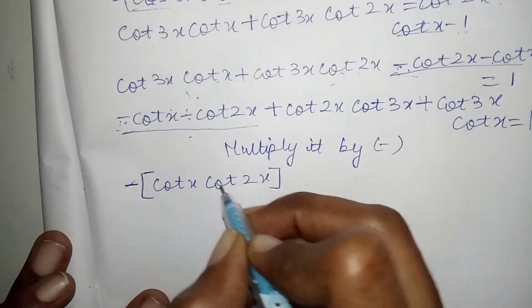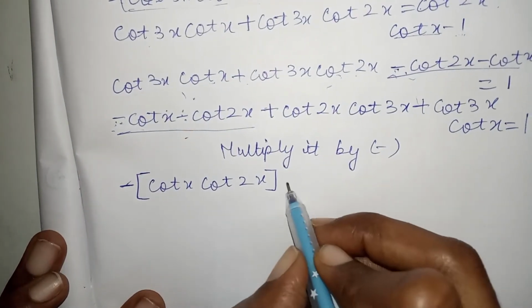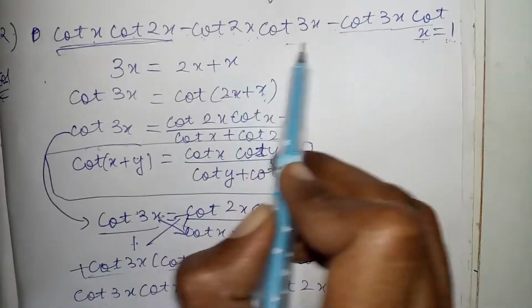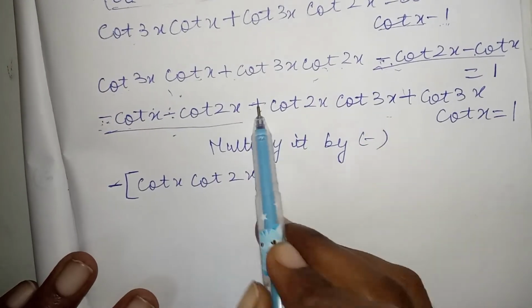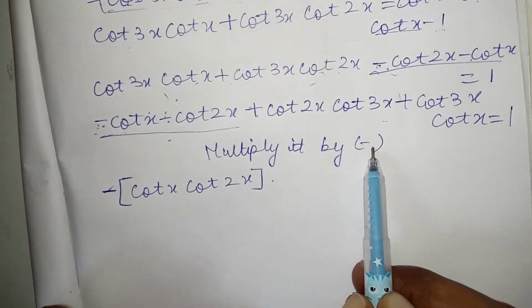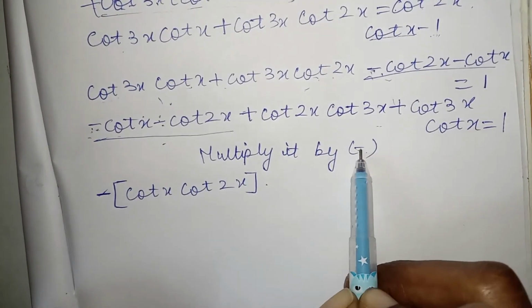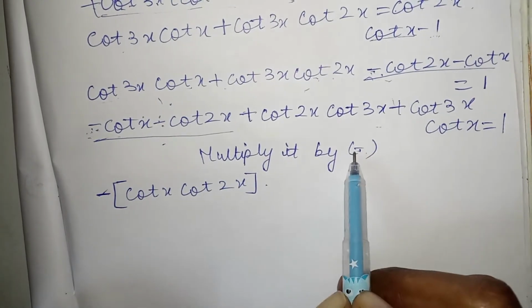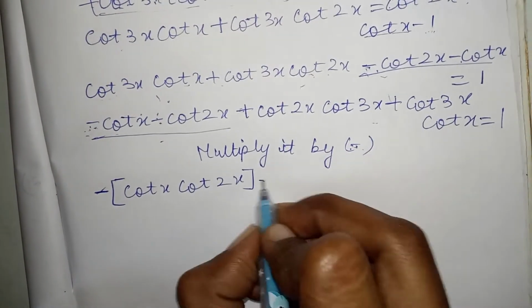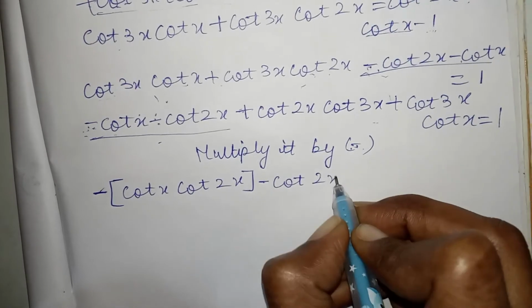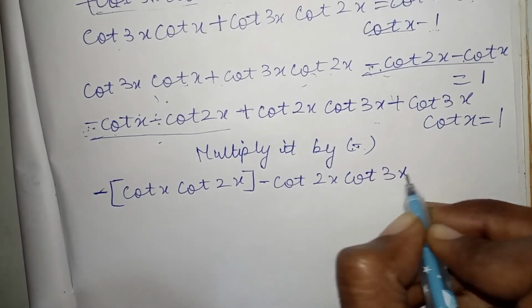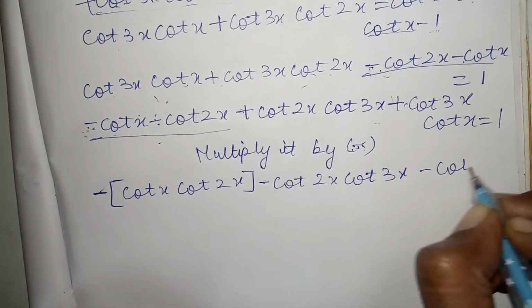So cot x cot 2x, minus minus becomes plus. Then what is there over here? Here the whole term is minus, here the whole term is plus. So we are multiplying the whole term by minus, right? When you multiply the whole term, minus minus becomes plus, and minus plus becomes minus.